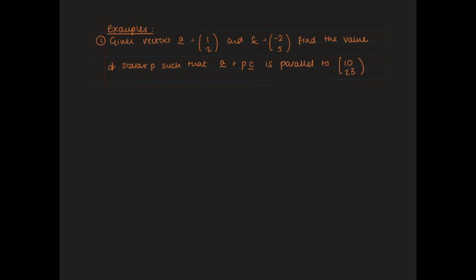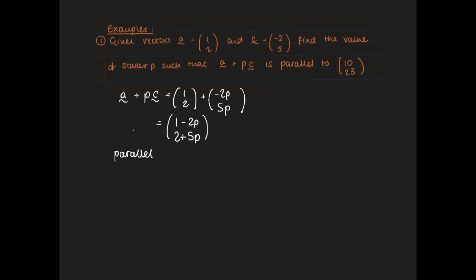So the first thing I'm going to do is I'm going to find a plus pc. I know that that vector is parallel to (10, 23).